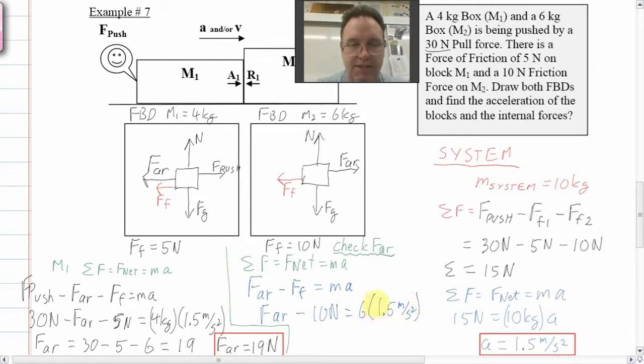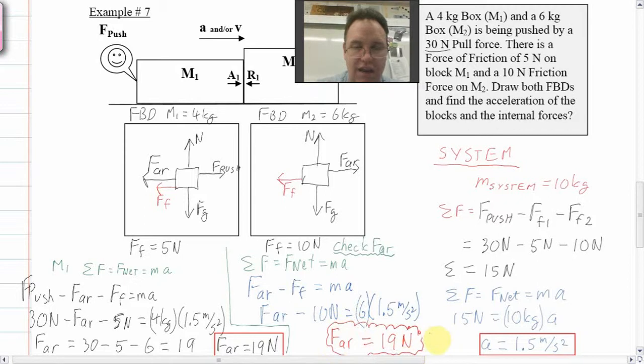That's our acceleration, and 6 is our mass in kilograms. If you just do the math quickly, you will see that FAR is going to be 10 plus 9, since 1.5 times 6 is 9. So that's again 19 newtons. That's our check. It checks off. Yay!